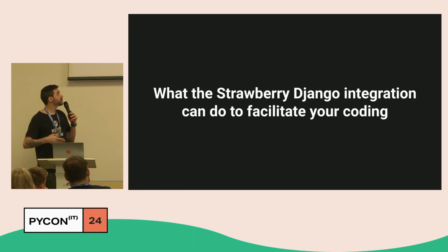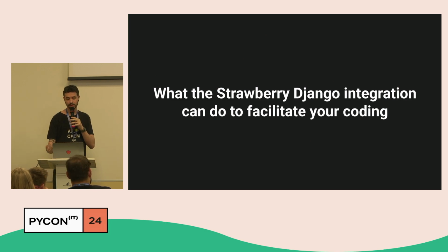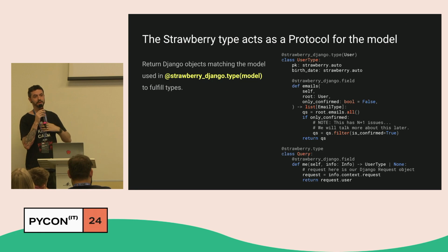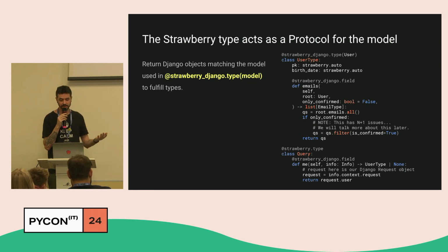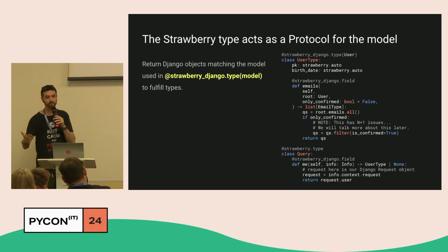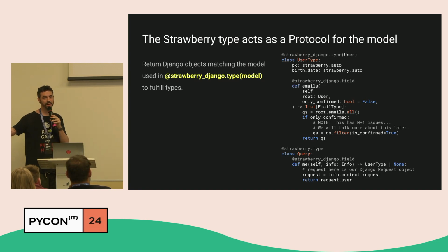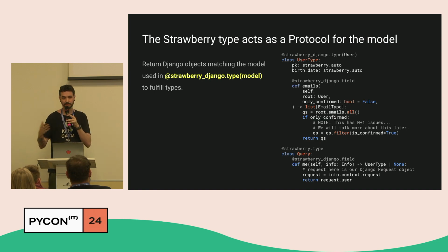So what else can the Strawberry Django integration do to facilitate your coding? The first thing is, I already told you about this, the Strawberry type acts as a protocol for the model. So when you return the model, as long as the field that you defined matches the name of the field that you have on the model, it's going to be resolved correctly.